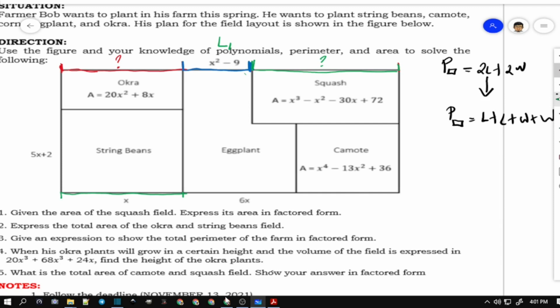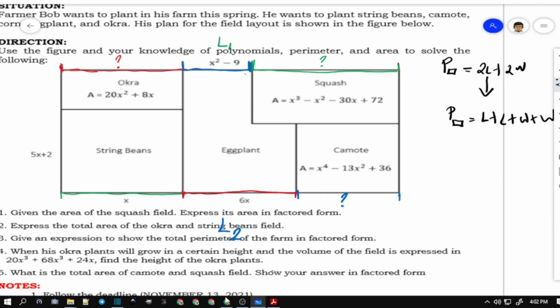Next, from the eggplant going to the edge of the kamote field, that is 6x. And from the edge of the eggplant going to the edge of the kamote, that is missing. Now let's express this whole side as length number 2.